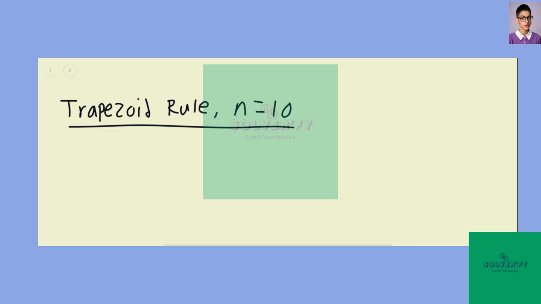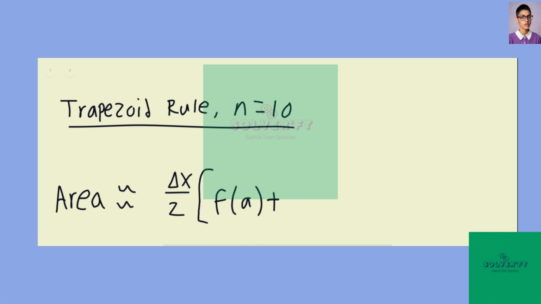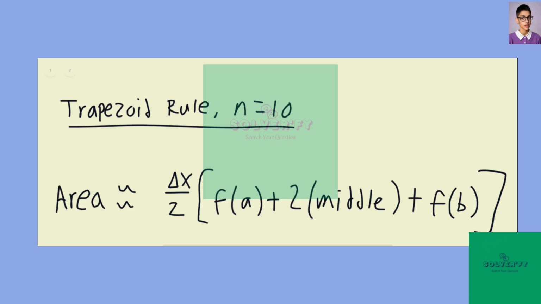So, it wants us to use the trapezoid rule with n equal to 10, which says that area is approximately delta x over 2 times f of the starting point plus 2 times the middle values plus f of the other endpoint. Because again, we're double counting the areas in the middle during this approximation.